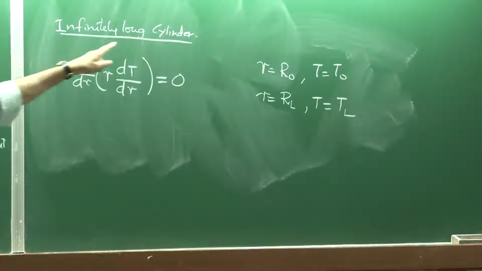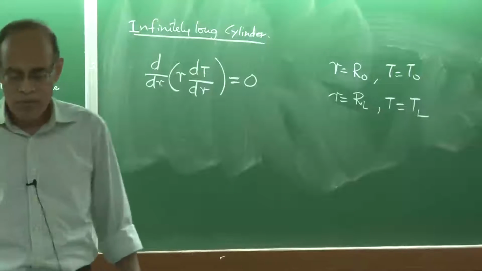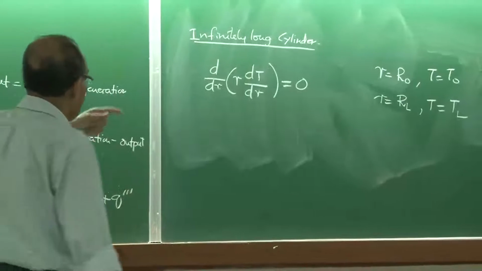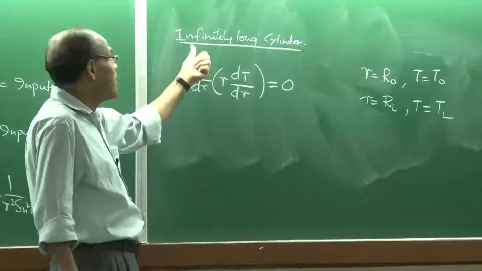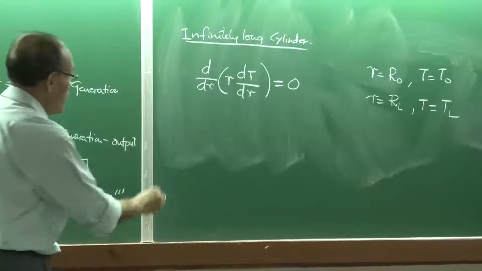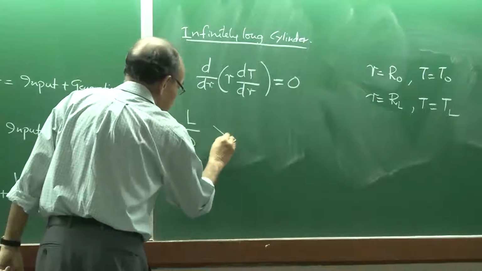The infinitely long cylinder, mathematically: physically, cylinders are never infinite, but mathematically we can treat a cylinder as infinitely long when the L by D ratio of the cylinder is greater than or equal to 6.